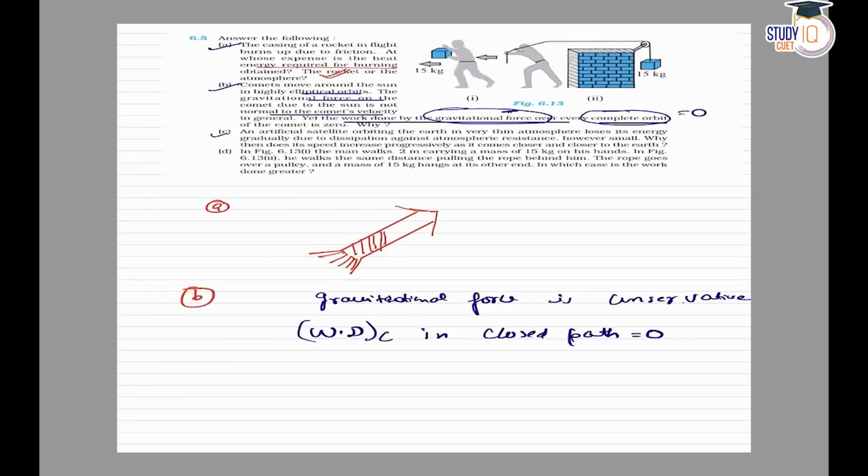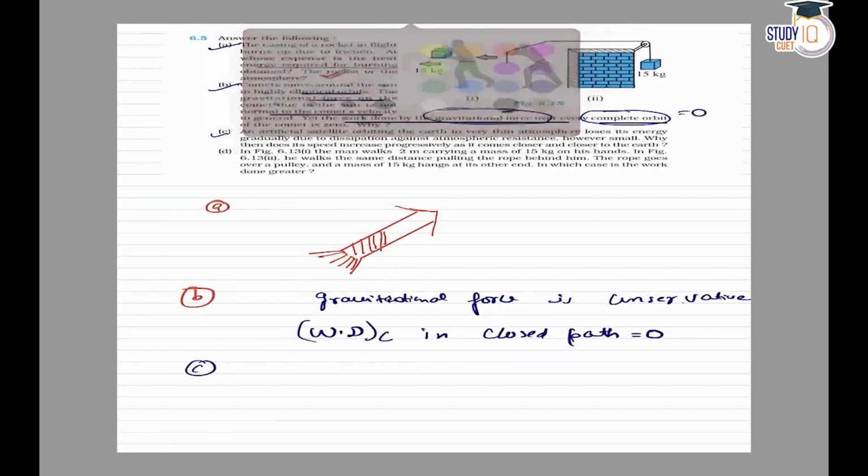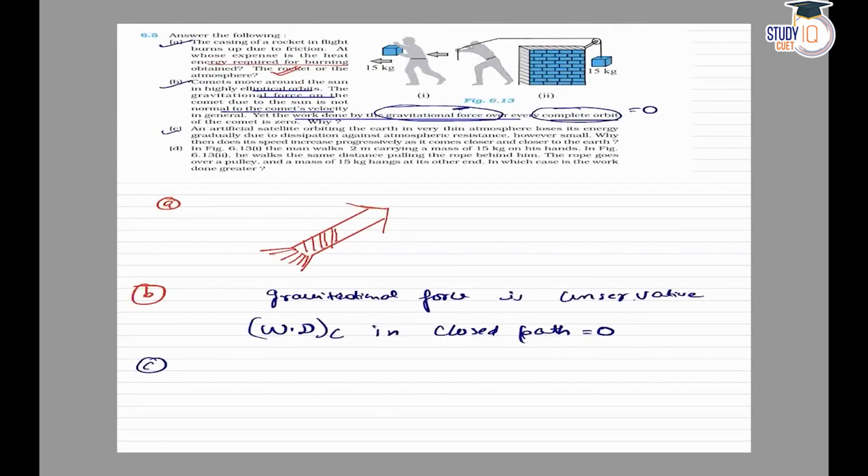Moving to part C: an artificial satellite orbiting around the Earth in a very thin atmosphere loses its energy gradually due to dissipation against atmospheric resistance. Suppose the Earth is given to us and a satellite is orbiting around the Earth in a particular orbit.